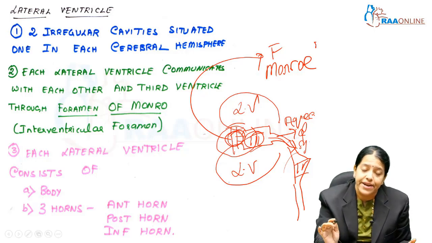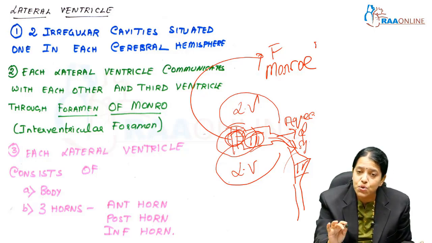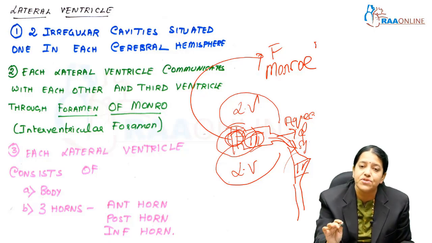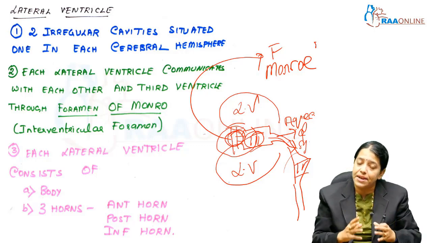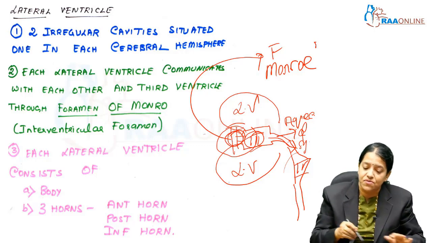The cavity of the diencephalon, between the two thalami with the hypothalamus in the floor, is the third ventricle, and the cavity of the cerebral hemisphere is the lateral ventricles. The two lateral ventricles are the cavities of the two cerebral hemispheres.